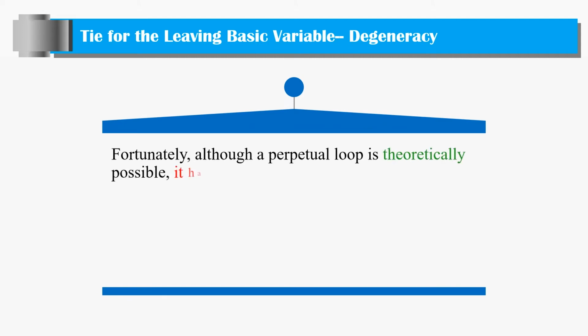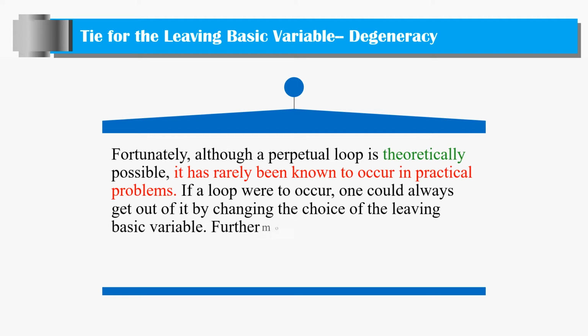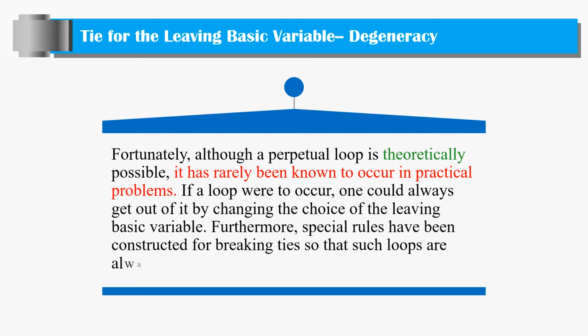Fortunately, although perpetual loops are theoretically possible, they have rarely been known to occur in practical problems. If a loop were to occur in a practical problem, one could always get out of it by changing the choice of the leaving basic variable at the very beginning when we encountered this problem.